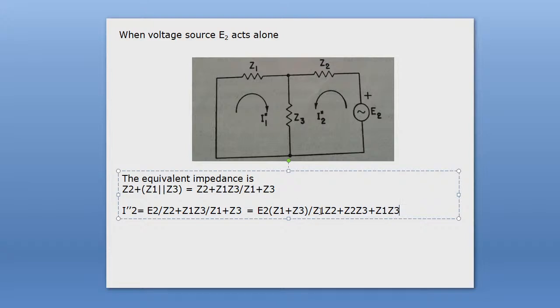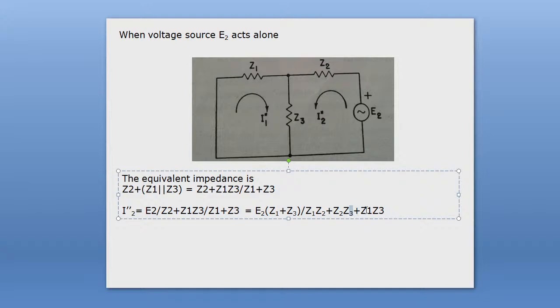So everyone note down that I2 double dash equals E2 into Z1 plus Z3, divided by Z1 Z2 plus Z2 Z3 plus Z1 Z3.